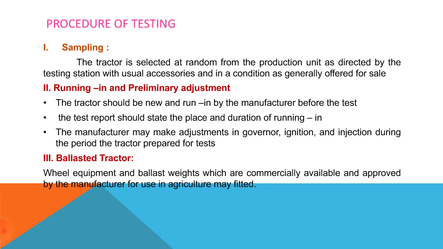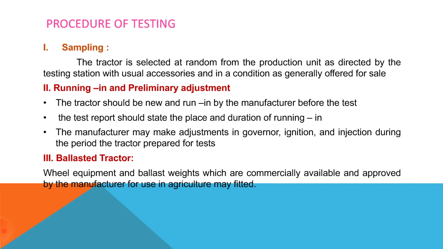Based on the official procedures, a test sample collection team will go to the production unit and select one sample randomly from a lot. It is not that whatever sample is given by the manufacturer we test; we go to the site, select randomly one among a large number of production units, and select that one for testing.